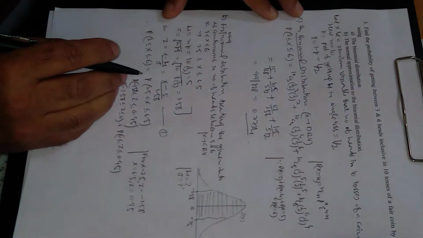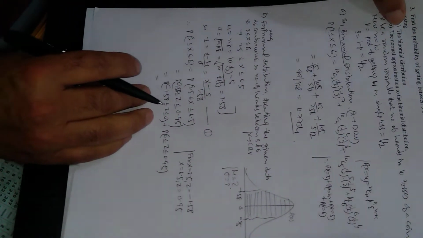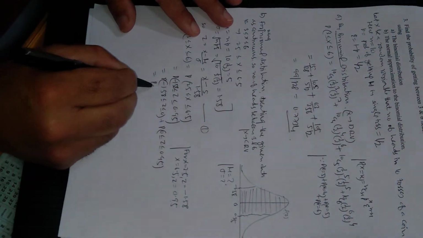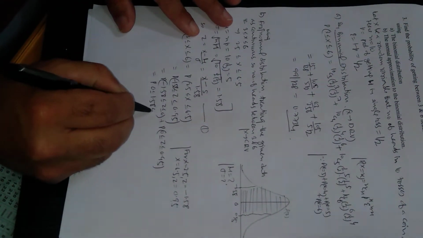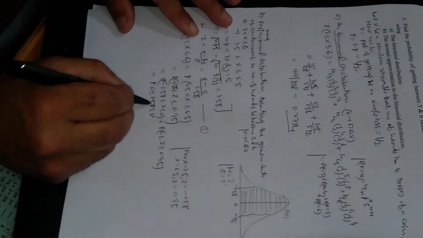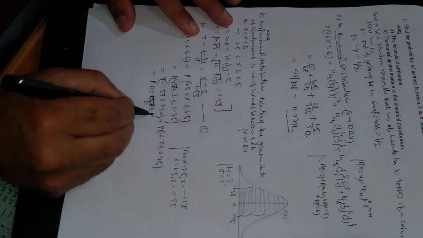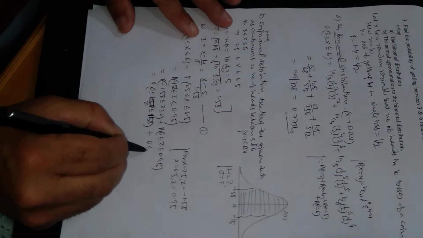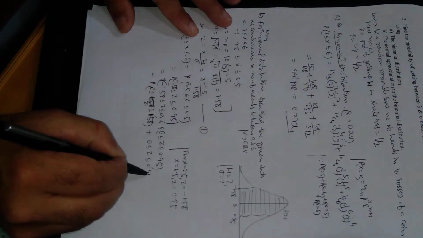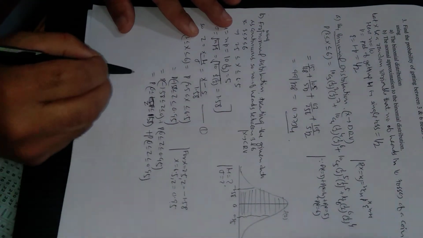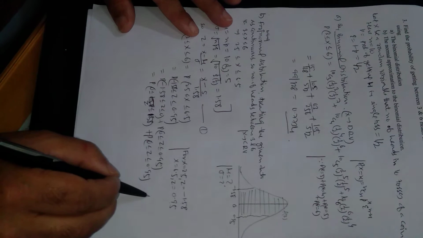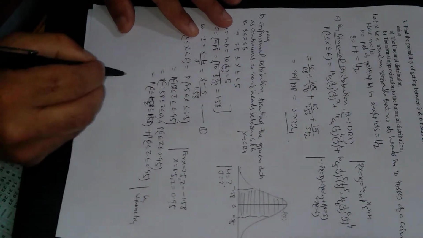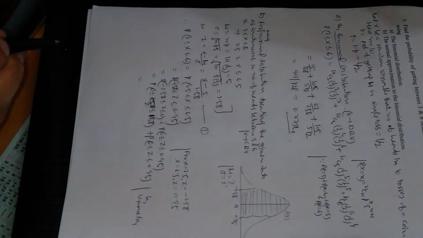By symmetry, the first can be written as the probability 0 less than z less than 1.58, and the second is as it is. Now both these probabilities we will find by using the normal table.